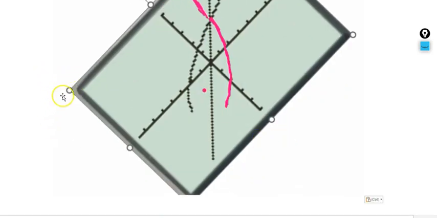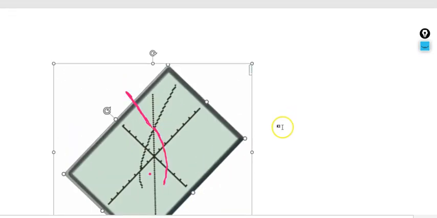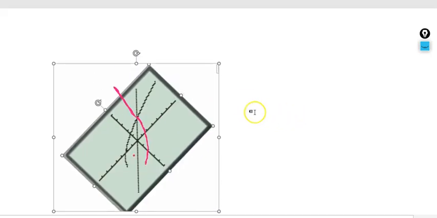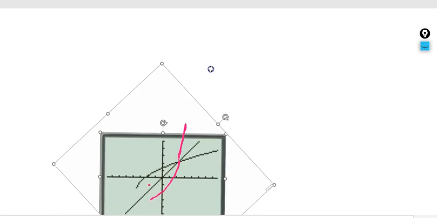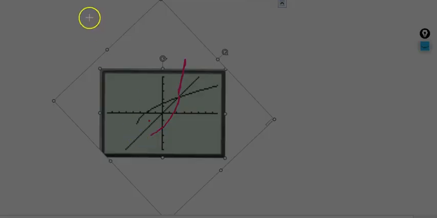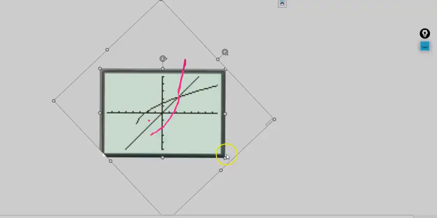And let me make this smaller. So I just need to tilt it the other way. Okay. So what I've drawn in red there should be what my inverse looks like.